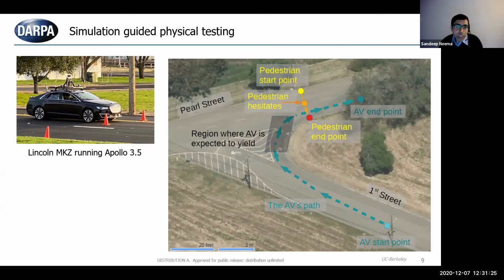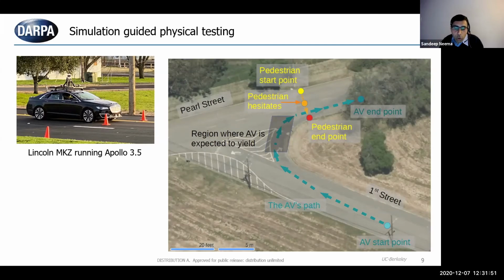And the way Sanjit is doing this is basically setting up these kinds of experiments in simulation. So here is a concrete example where what we want to understand is the autonomy behavior of this self-driving car, especially in a scenario like this where the car is trying to turn right, and then there's a pedestrian trying to cross the road at the same time.